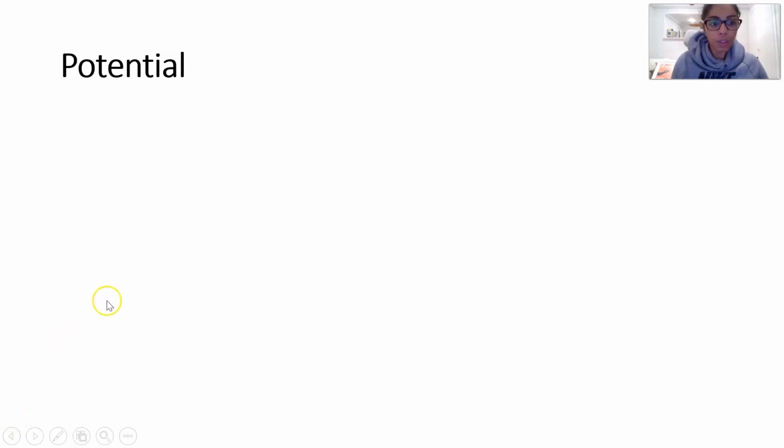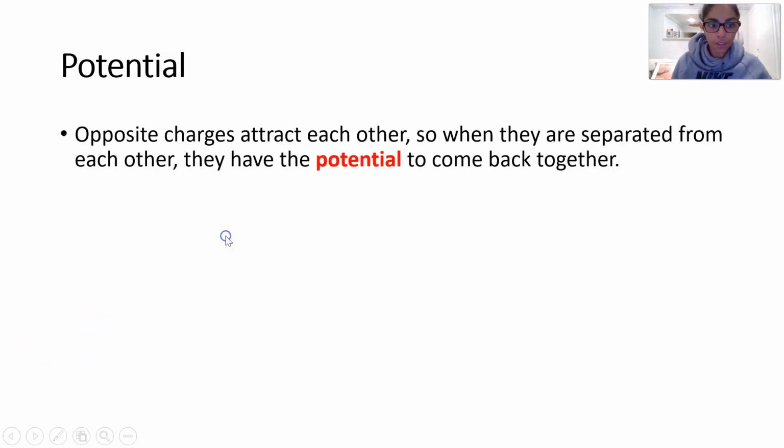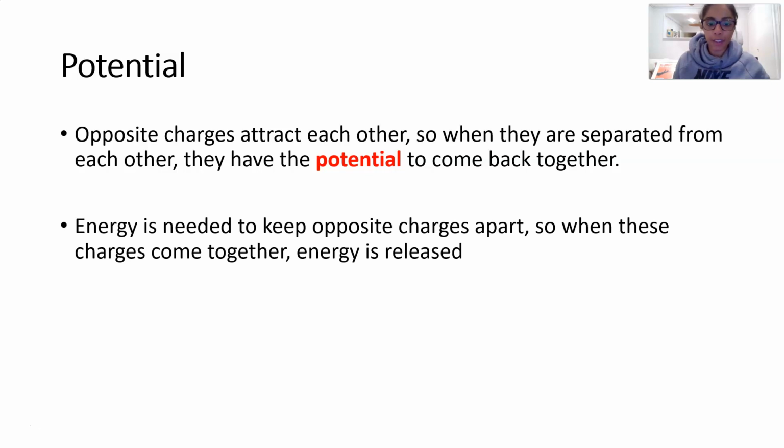First of all, we're going to be looking at the word potential and what that means. The potential in relation to a nerve impulse is looking at charge. So when two opposite charges are separated by some sort of barrier, they have the potential to come back together.